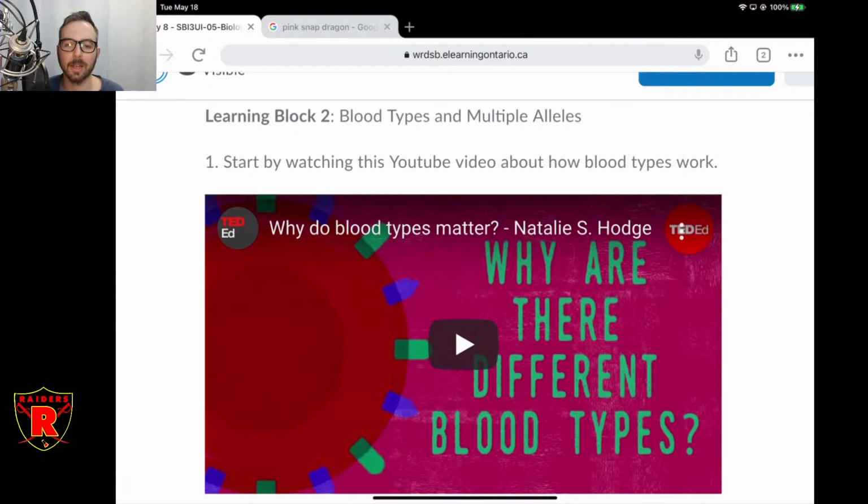There's also Rh factor, the positive or the negative, like A positive, A negative, whatever. For the purposes of this example, we're going to completely ignore the Rh factor. We're not even going to discuss Rh positive and negative.